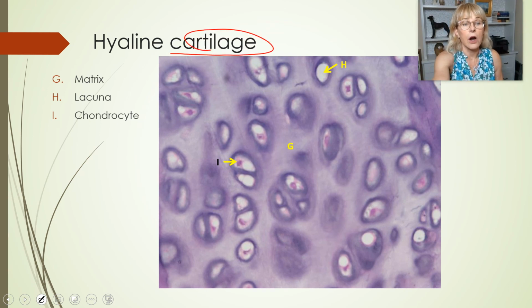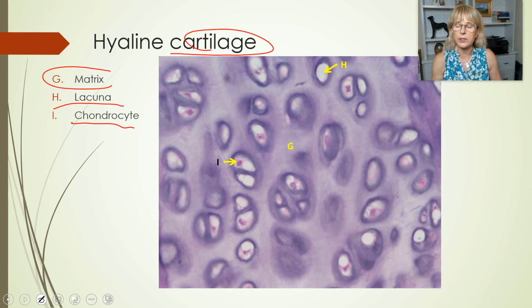Cartilage cells are called chondrocytes. Osteocyte for bone cell, chondrocyte for cartilage cell. They also live in lacunae, and the lacunae are the little spaces inside of the matrix that makes up the structure of cartilage.